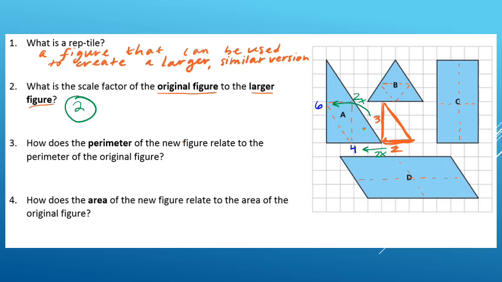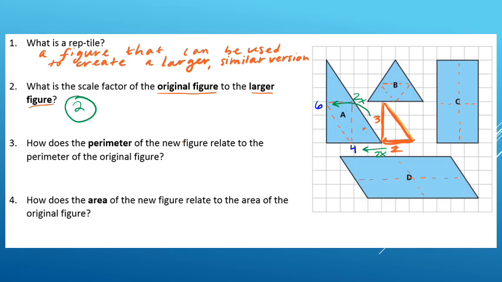Next, I'm going to think about how the perimeter of the new figure relates to the perimeter of the original. If you're looking at this and realizing that the larger figure is doubled, I might be thinking about how perimeter is related to that. For example, I don't know that exact side length right there, but I can tell that the side lengths are doubling.